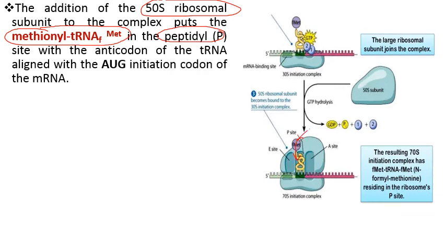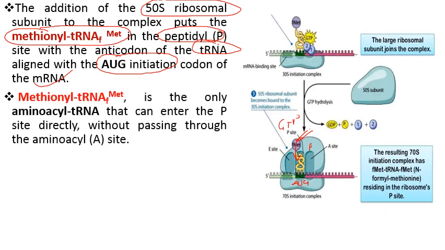In case of prokaryotes वो आ जाता है directly P site पे with the anticodon of tRNA which is aligned with AUG, that is initiation codon on the mRNA. जो mRNA है उसके ऊपर यहाँ पे initiation codon लगा होता है AUG, उसके response में जो tRNA है that brings formylated methionine at the P site directly, और इस तरह के tRNA को कहते हैं charged tRNA, and for this charging it requires energy that is provided by GTP.